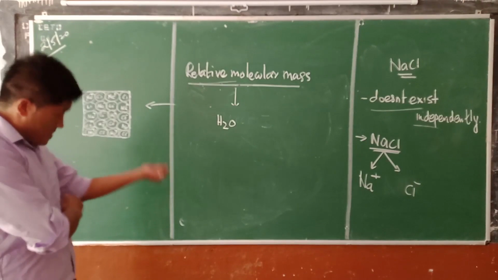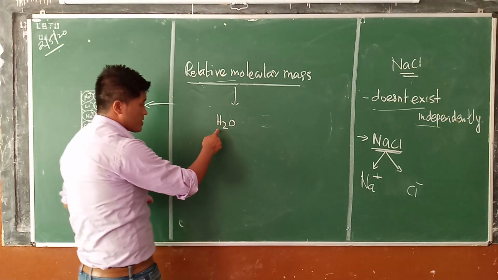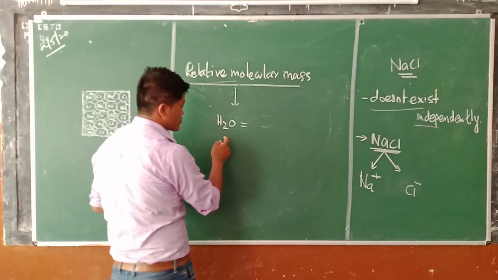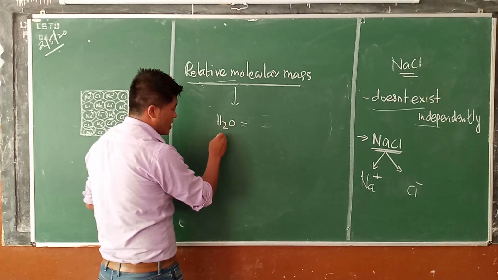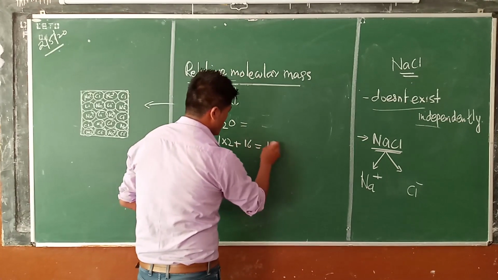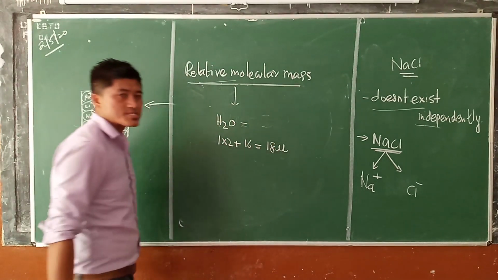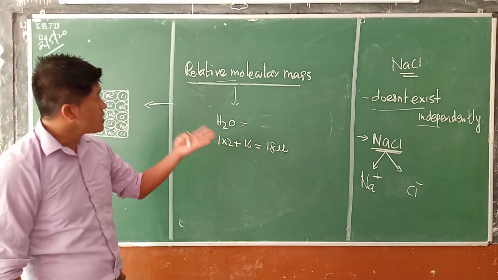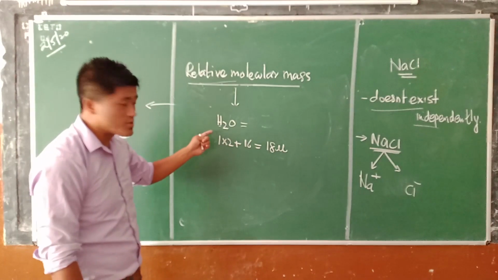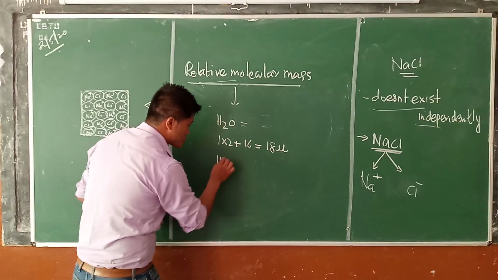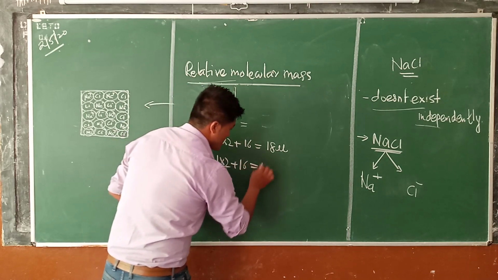Now if you try to find the relative molecular mass of water, it comes out to be: the mass of hydrogen is 1 into 2 plus oxygen is 16, which is 18 mu. Understand? And if you are asked to find the formula unit mass of this particular compound, that is the molecule, it is again 1 into 2 plus 16, that is 18 mu.